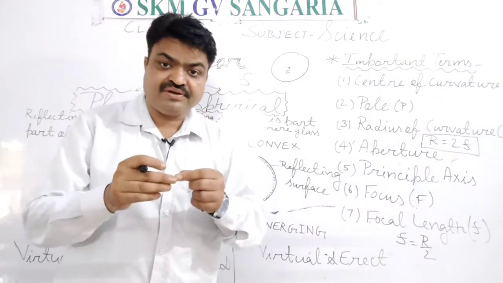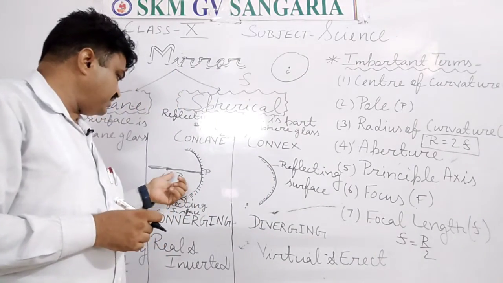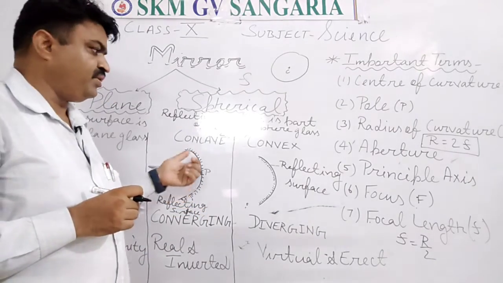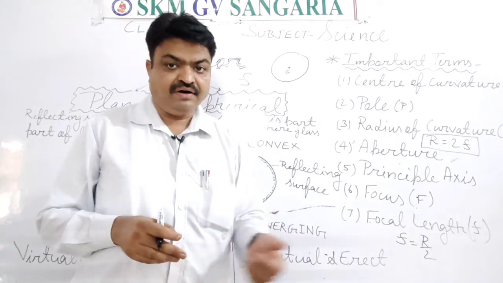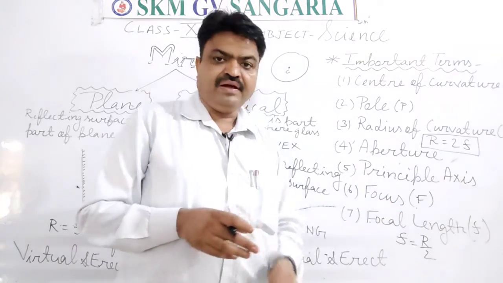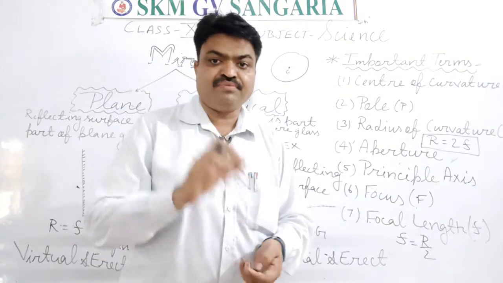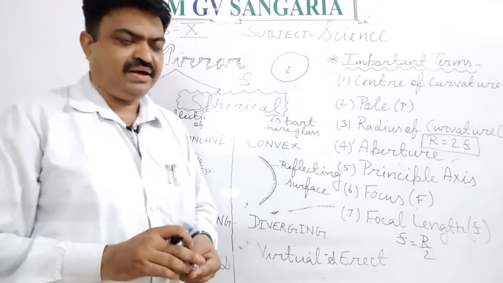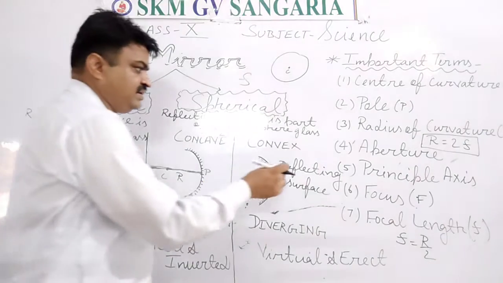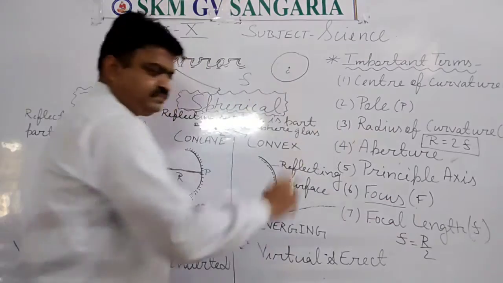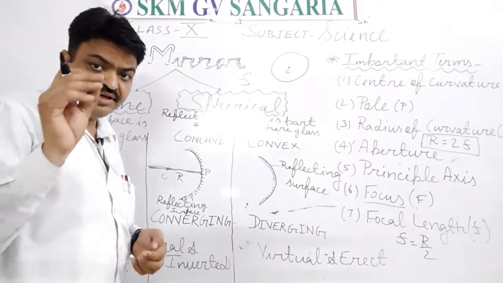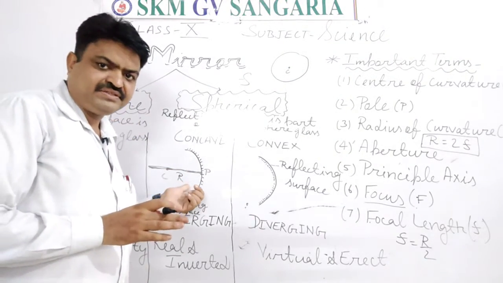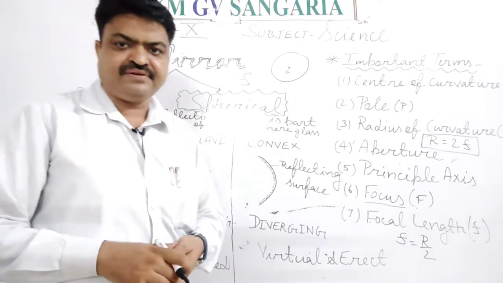The point that we draw here is known as the focus, and we symbolize it with capital F. To show the focus, the principal axis plays an important role. Without this axis we can't show the focus.